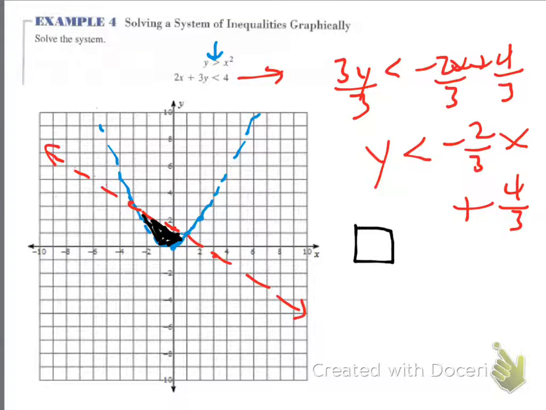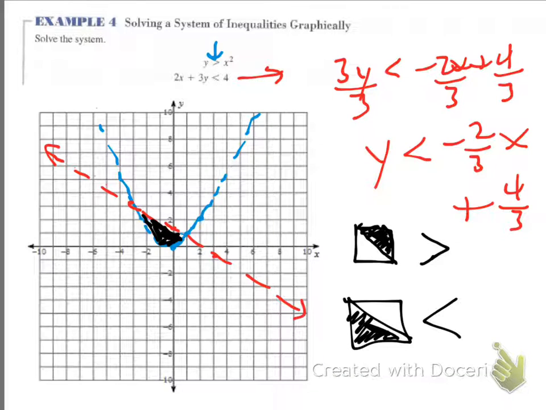To the left of your y equals, the upper right-hand shaded portion, that's greater than. The lower left shaded is less than. Okay, so this is for your calculator. Make sure that you put the right thing in.